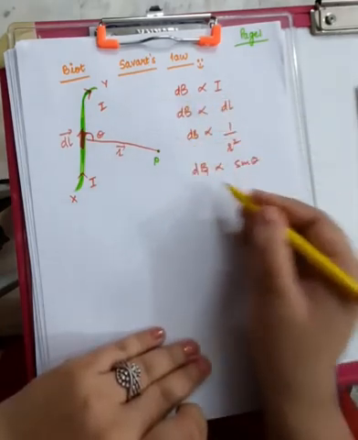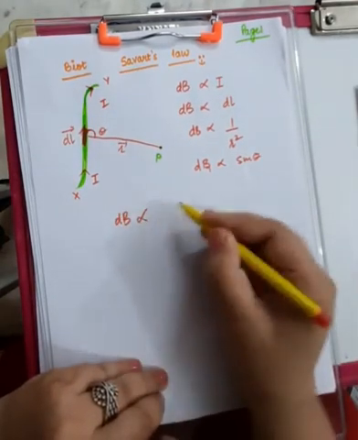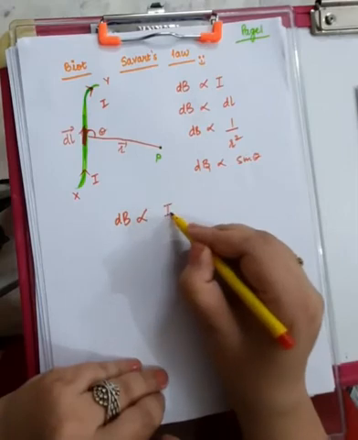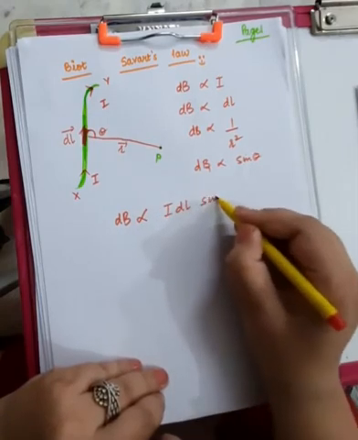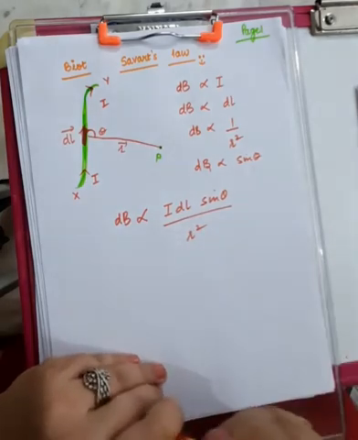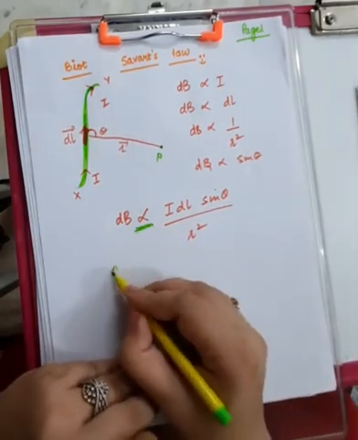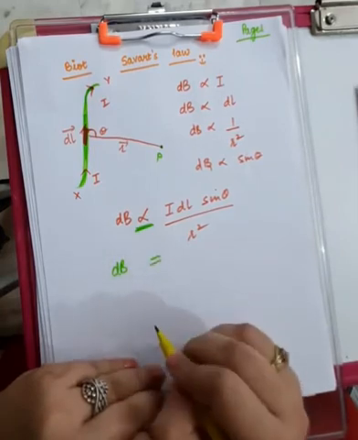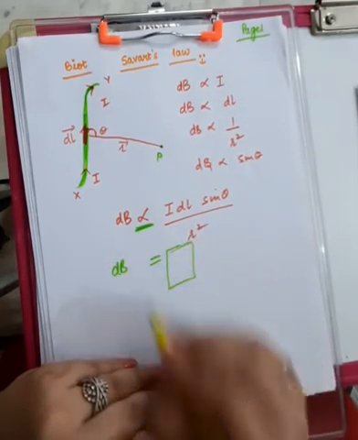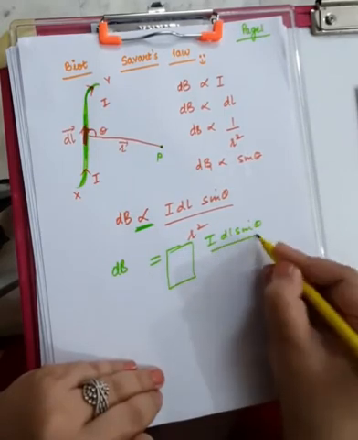So if you will combine all these factors, you are going to get dB directly proportional to I dl sine theta divided by r square. And when you will choose to remove this proportionality sign and replace it with equality, then there has to be a constant.